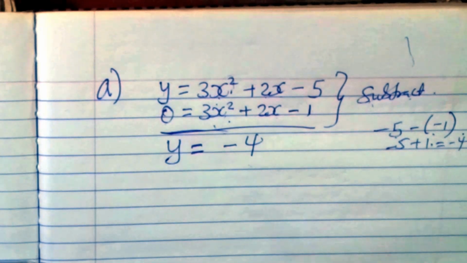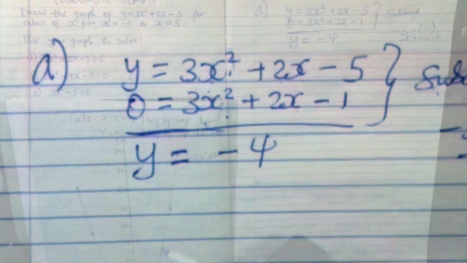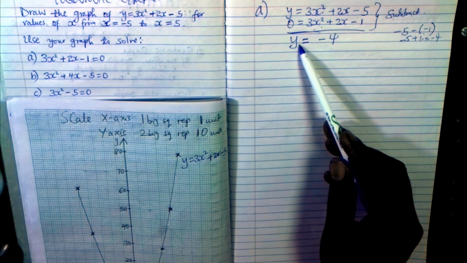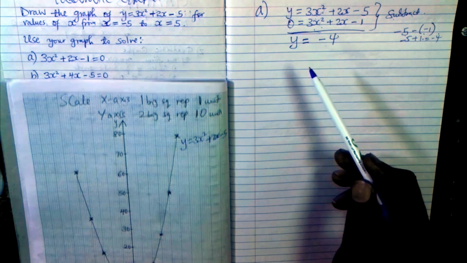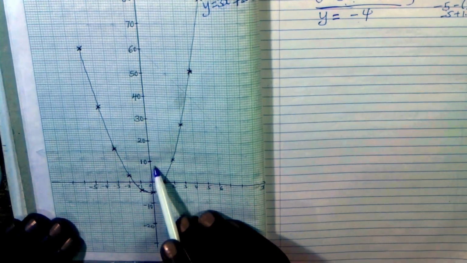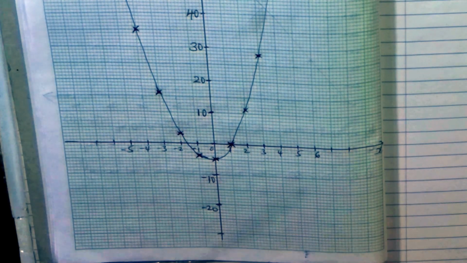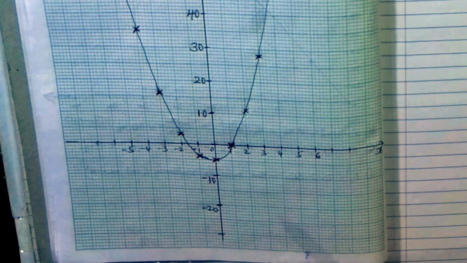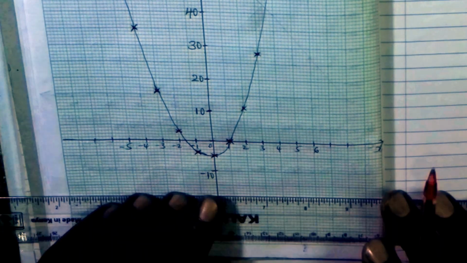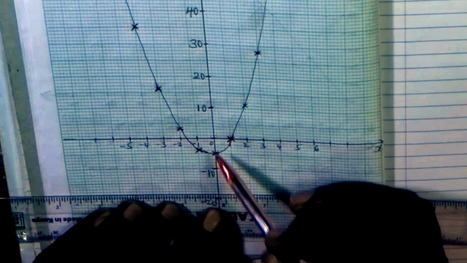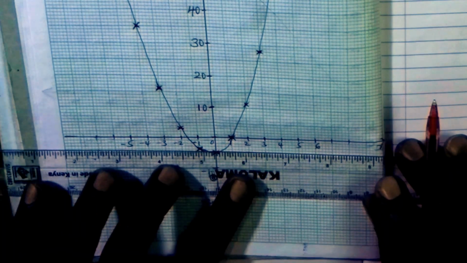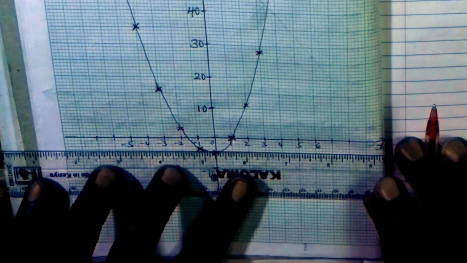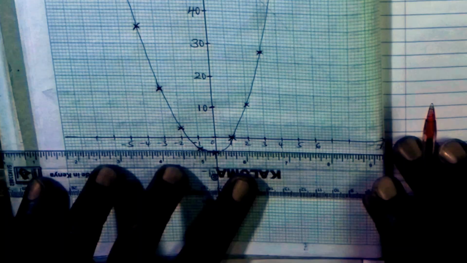So what we need to do in this case, I'm going to draw the line y is equal to minus 4. So let us get to the graph and we draw that line y is equal to minus 4. Minus 4, so from here we move downwards, 1, 2, 3, 4. So at that point, we draw that line y is equal to minus 4.